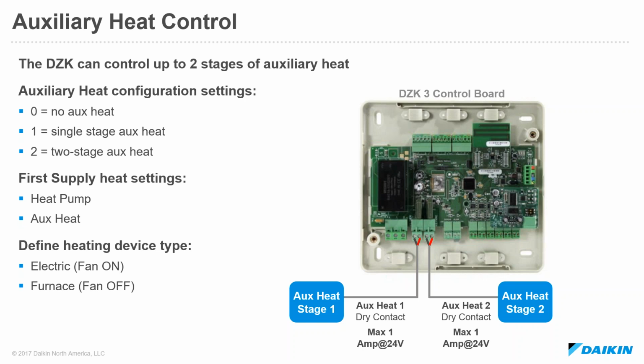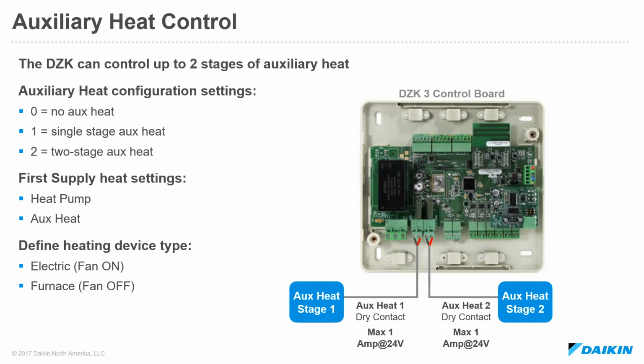So you have essentially 2 different settings of the type of auxiliary heat device that's being connected. So the DZK recognizes 2 different options, either electric heat or furnace heat. And really the intent there is the electric heat setting on the DZK will cause the indoor unit's fan to run when there is a demand for auxiliary heat.